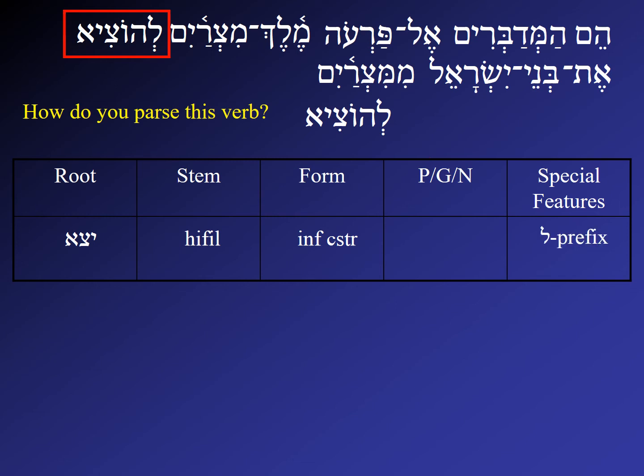Notice that if that lamed were not there, hotsi could be either infinitive construct or, as we just saw, it could be the affix third masculine singular form. This is the infinitive construct, which is undeclined, so its person, gender, number are blank. This means Hifil of yatsa, to go out, means to send out or something like that. So to send out.